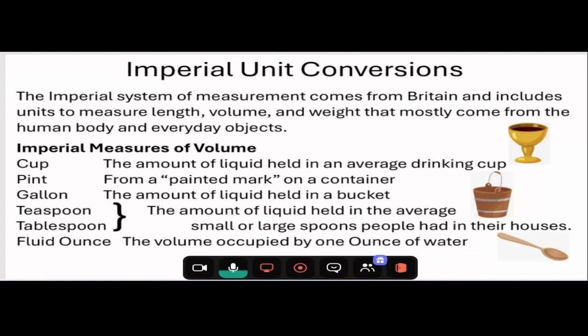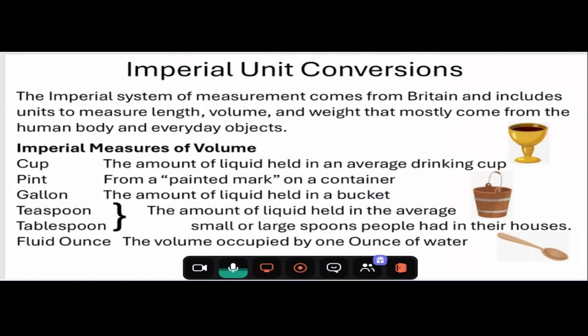So it had no set amount originally, but again, eventually came to be standardized. A gallon was about how much water you could pour into a bucket. Teaspoon and tablespoon were the average household small spoon and big spoon. And a fluid ounce, we just talked about ounces as a weight. A fluid ounce was how much space was occupied by one weight ounce of water.